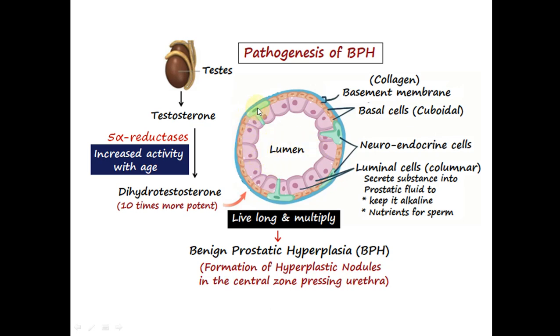So when we take a cross section of a prostate gland, we can see that in the form of a follicle, it is surrounded by a capsule, which is a basement membrane or collagen capsule, and it contains some basal cells which are cube-like cuboidal epithelial cells, and inner to these basal cells there are luminal cells which are columnar epithelial cells, and these columnar cells secrete some substances into the lumen of the gland.